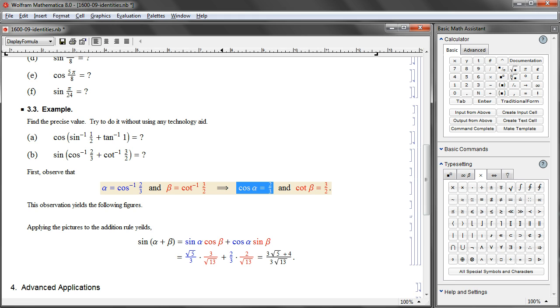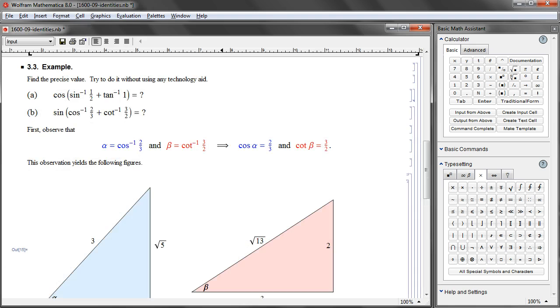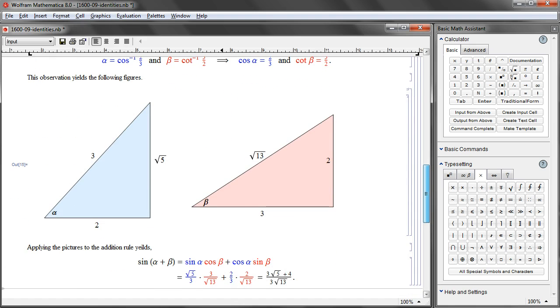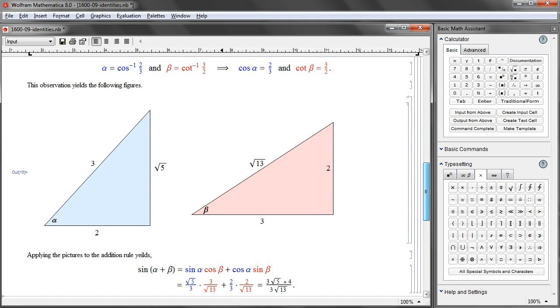Now, what is the definition of cosine in a triangle? It's adjacent over hypotenuse. So what we do, we have 2/3, so we draw a right triangle with adjacent 2 and hypotenuse 3. That's what we do, kind of like this. Please take a look at this blue triangle. Adjacent 2, hypotenuse 3, so cosine of alpha is 2/3, we get that.